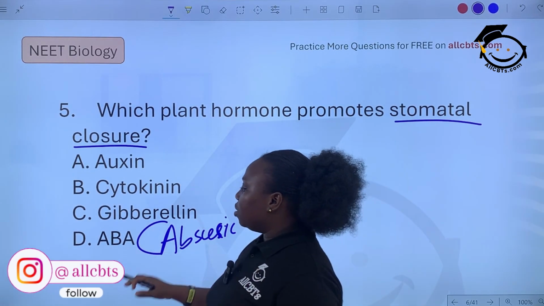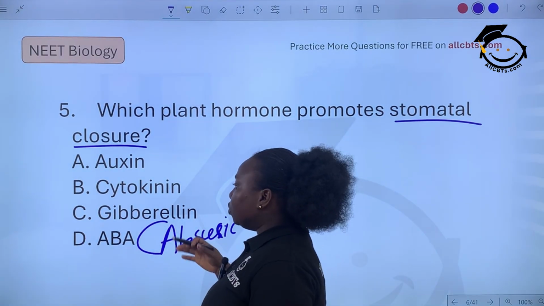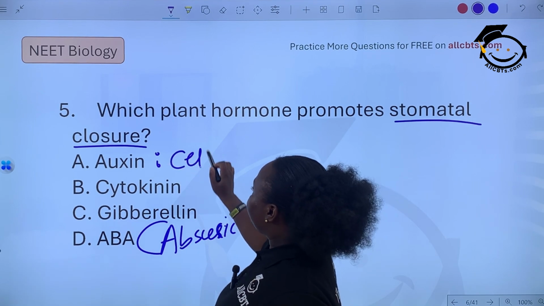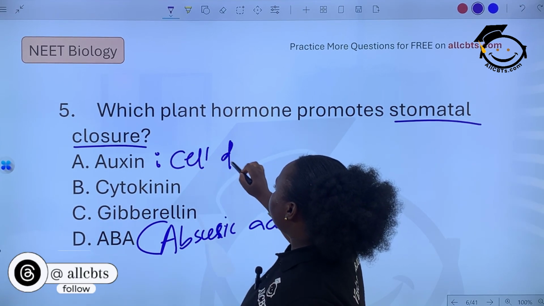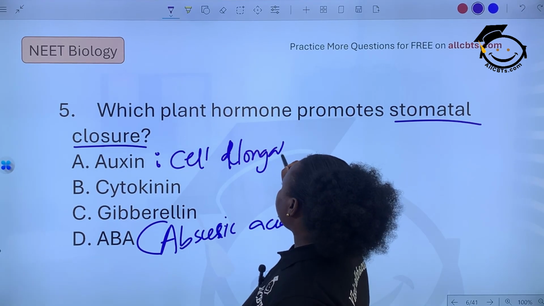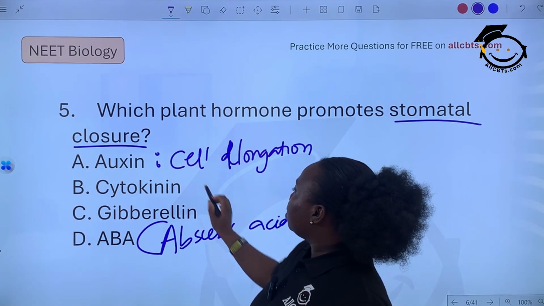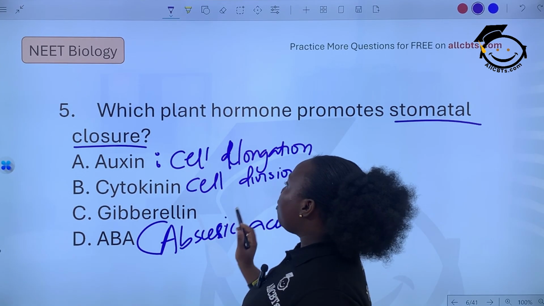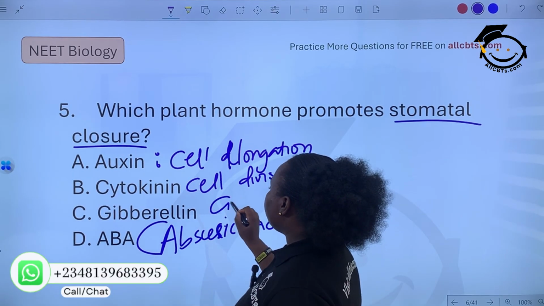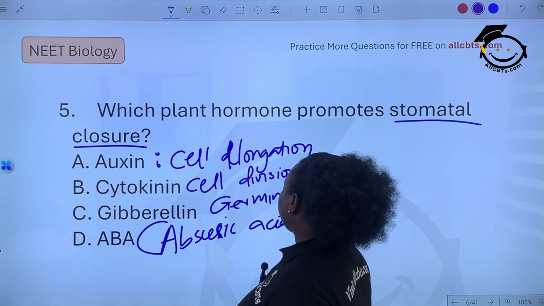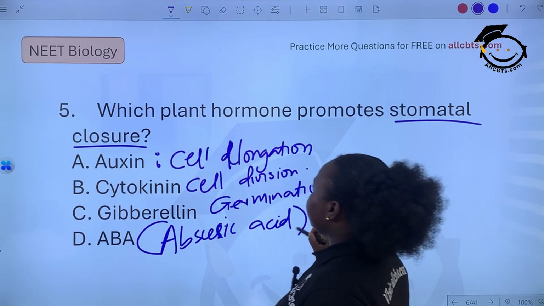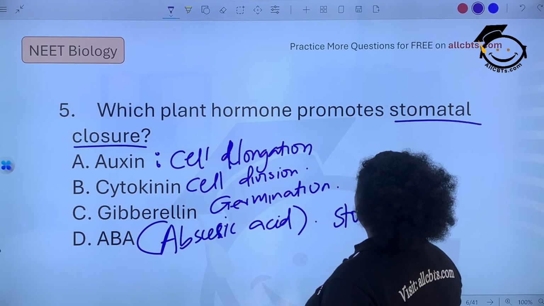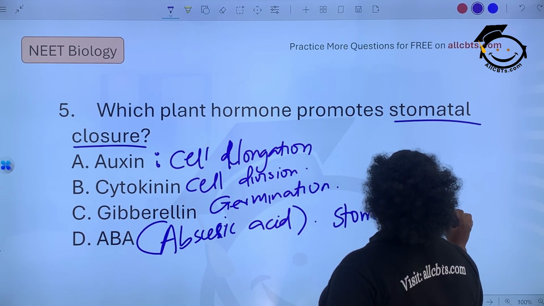If they give you ABA, they want to test if you know the abbreviations of these hormones. Auxin is for cell elongation, cytokinin is for cell division, gibberellins are for germination, while abscisic acid is for stomatal closure.